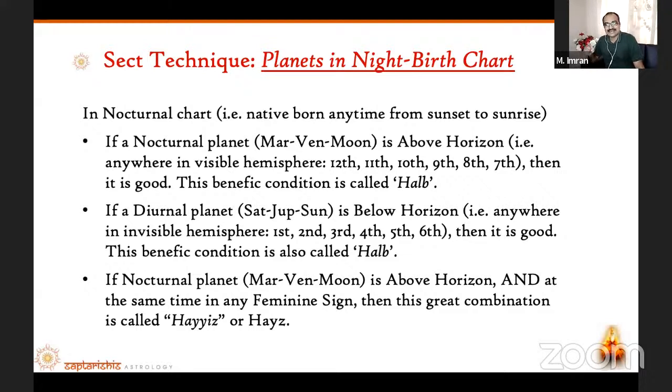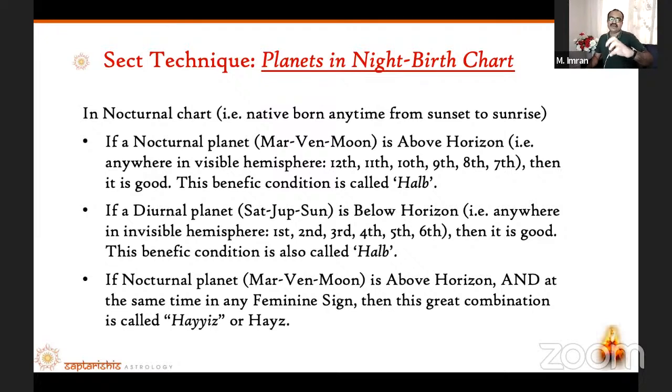And at the same time, if a nocturnal planet is visible, above the horizon in the 12th, 11th, 10th, 9th, 8th house, etc., and it is also in a feminine sign, suppose Mars is in Scorpio, Capricorn, or Pisces, these are all feminine signs.